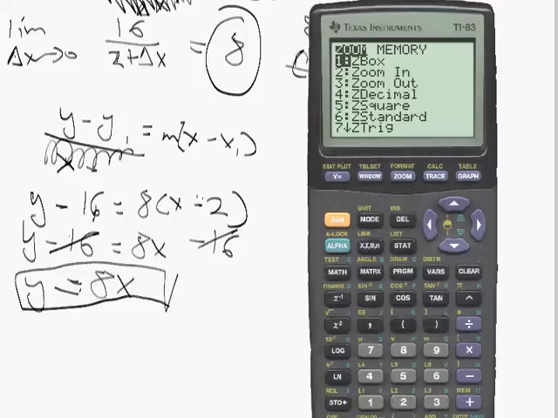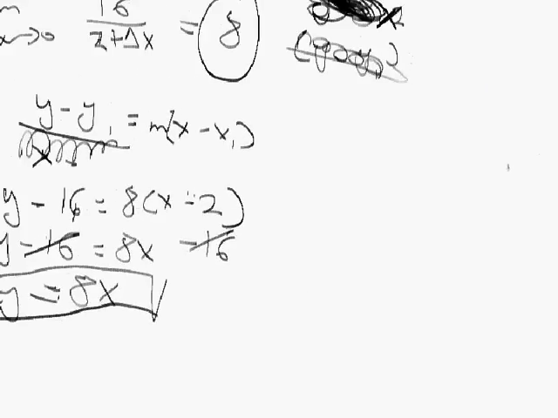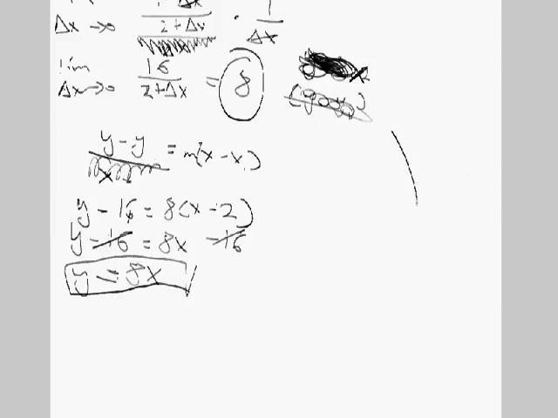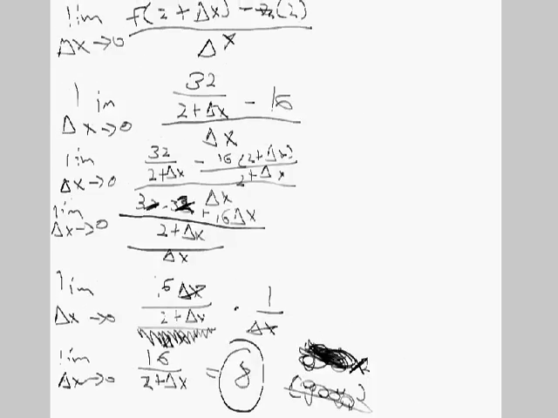There's our curve. That is not tangent at 2. And in fact, our slope should have come out negative, so I'm wondering... Aha! I found it. It is right here.